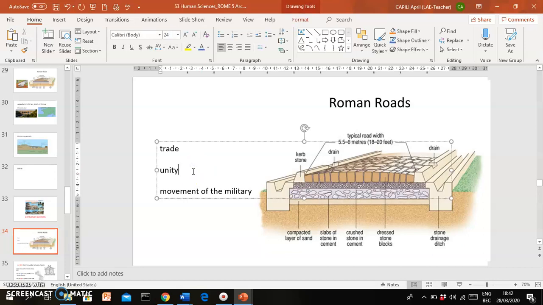It also connected different parts of the empire, different cities, different areas. So you could say that the road system ensured or promoted unity among the different Romans living in various parts of the empire. Thirdly, given that the military, remember, what they did was to march. If you were a legionnaire and you had to go somewhere, you had to march.